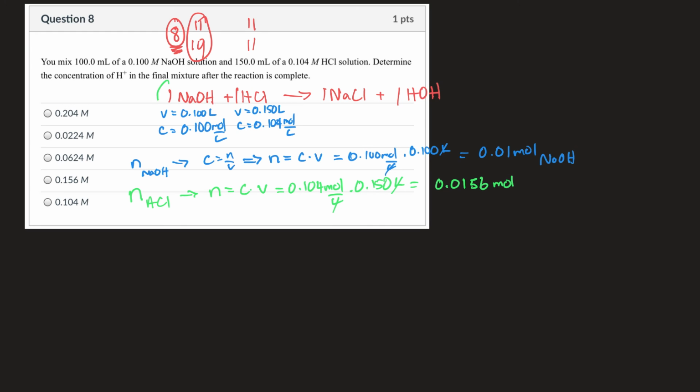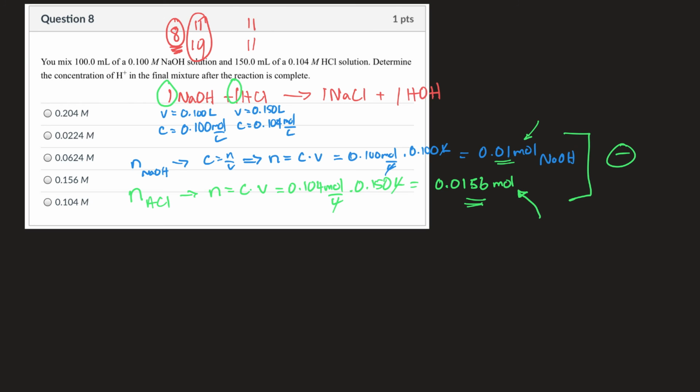So since it's a 1-to-1 relationship, for every mole of sodium hydroxide, I need a mole of hydrochloric acid. So basically, I'm just going to take these two and subtract them. And it looks like this number is the larger one. So this one will be my limiting reagent, but this is the one that I'm going to focus on this time because I've got the extra.